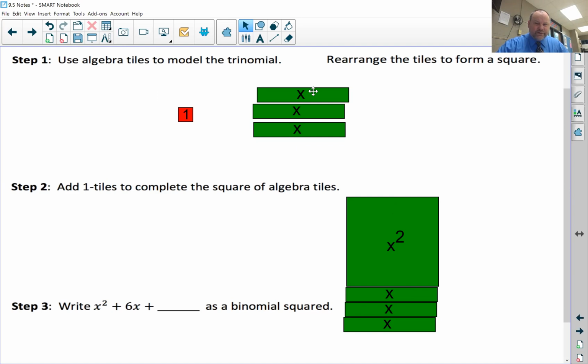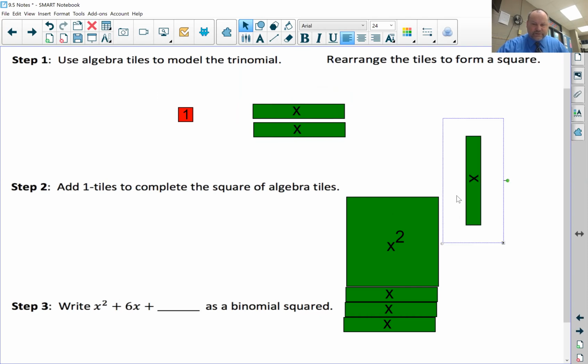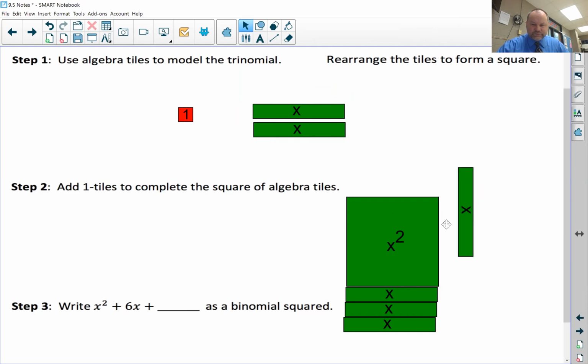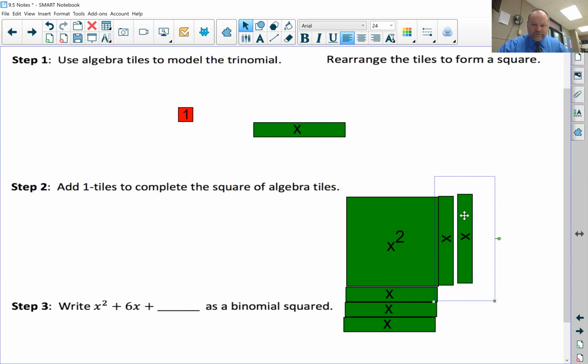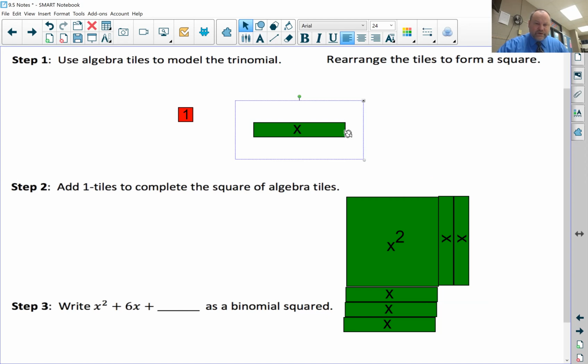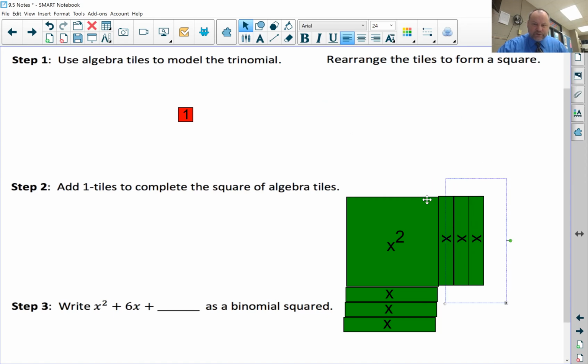And some of them on the side of the x squared tile. And then what we'll do is we'll use the little 1 square to complete the square. And that's where the name of this method comes from.